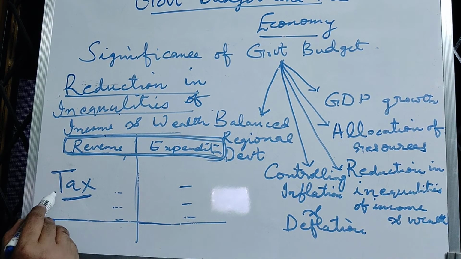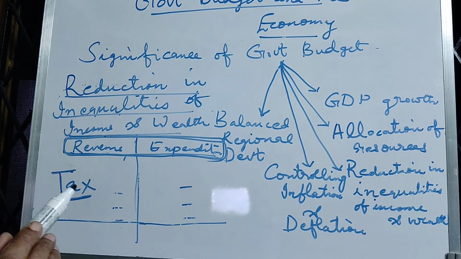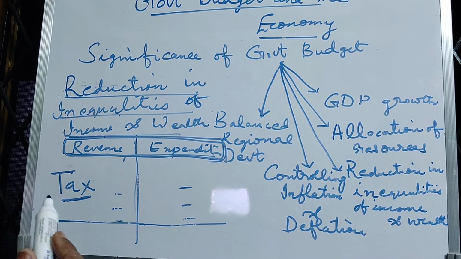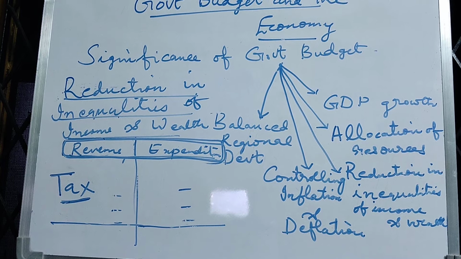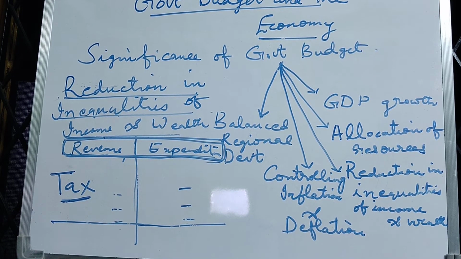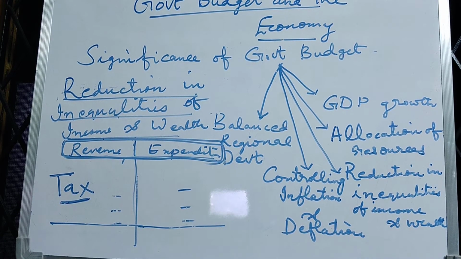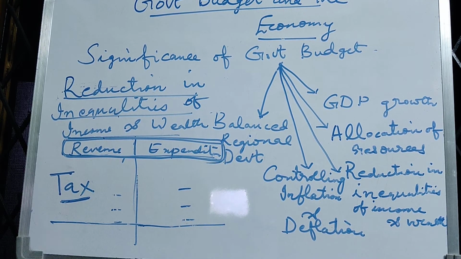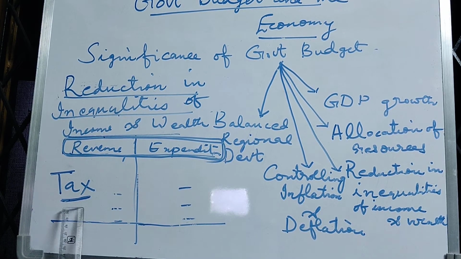How? In our country, India, the government uses a measure called progressive taxation. Progressive taxation means taxing the rich highly, more than the poor. When our income increases, the taxes also increase. This is known as progressive taxation.